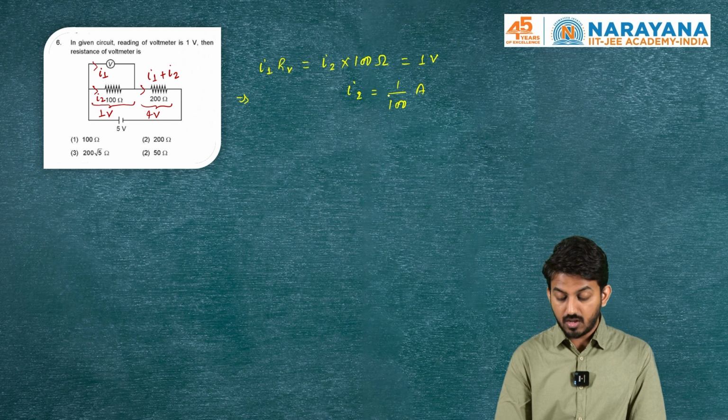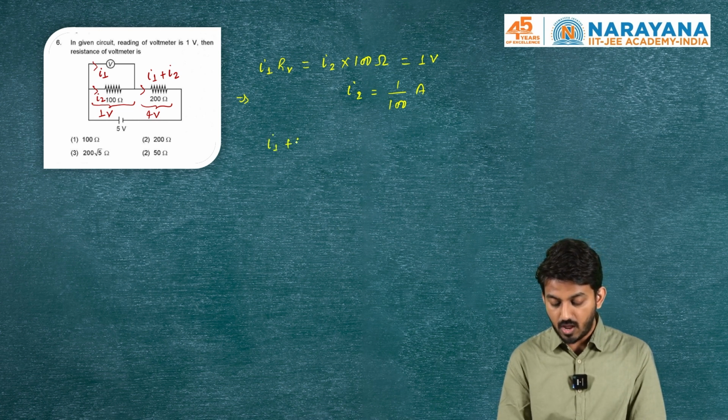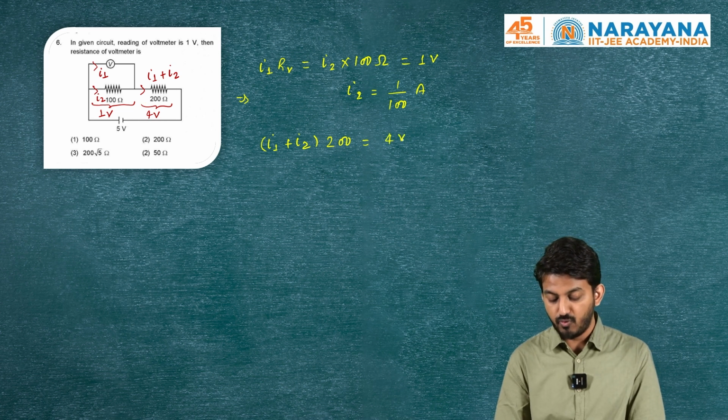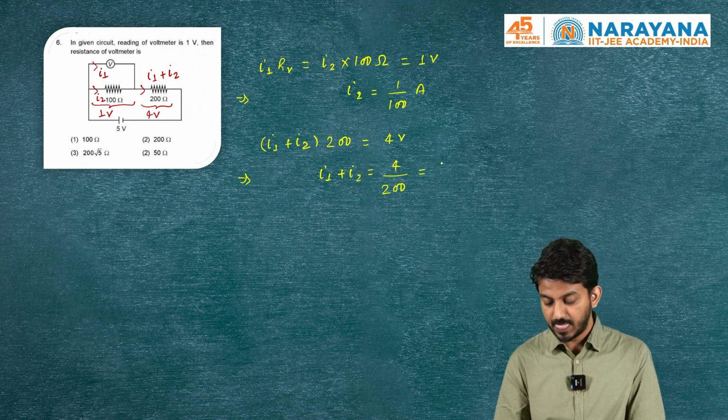Now we need to figure out I1 plus I2. So I1 plus I2 into 200 ohm, this voltage we figured out that it is equal to 4 volt, giving us I1 plus I2 is equal to 4 over 200 and thus 2 over 100 ampere.